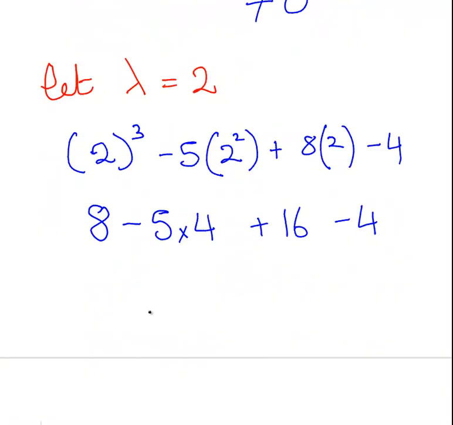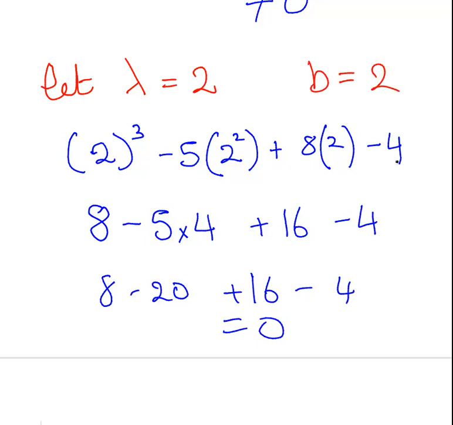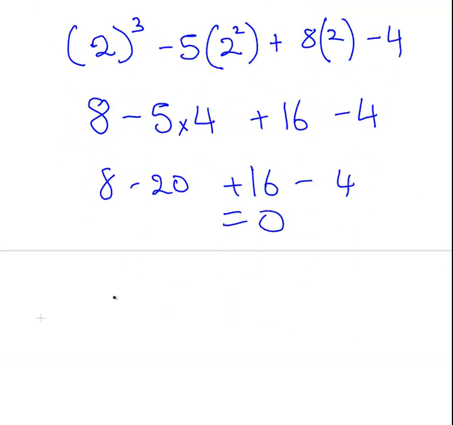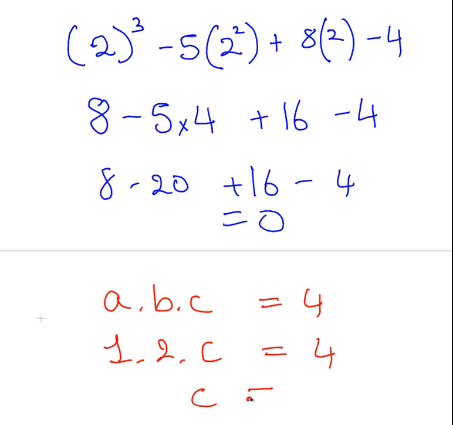That is 8 minus 20 plus 16 minus 4, equal to 0. So we found the second one, b is equal to 2. Remember, a times b times c is equal to 4, so 1 times 2 times c is equal to 4, which means the last one is 2.